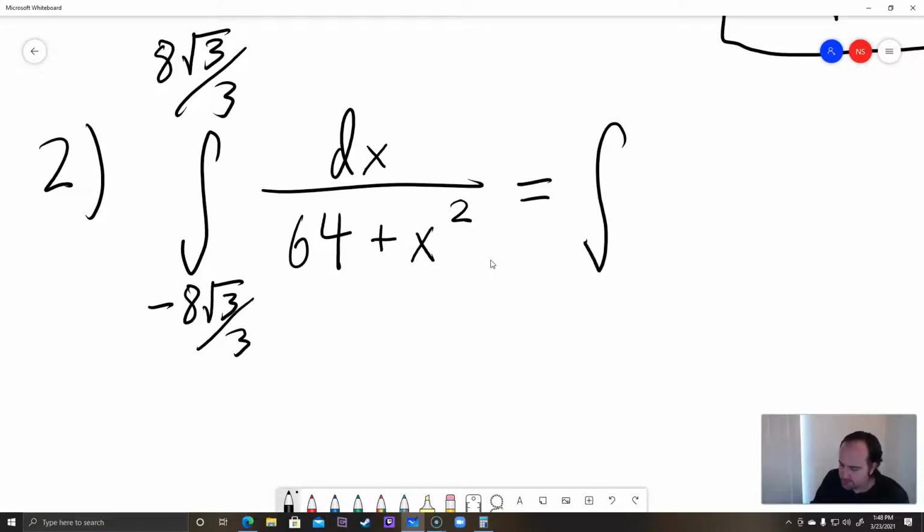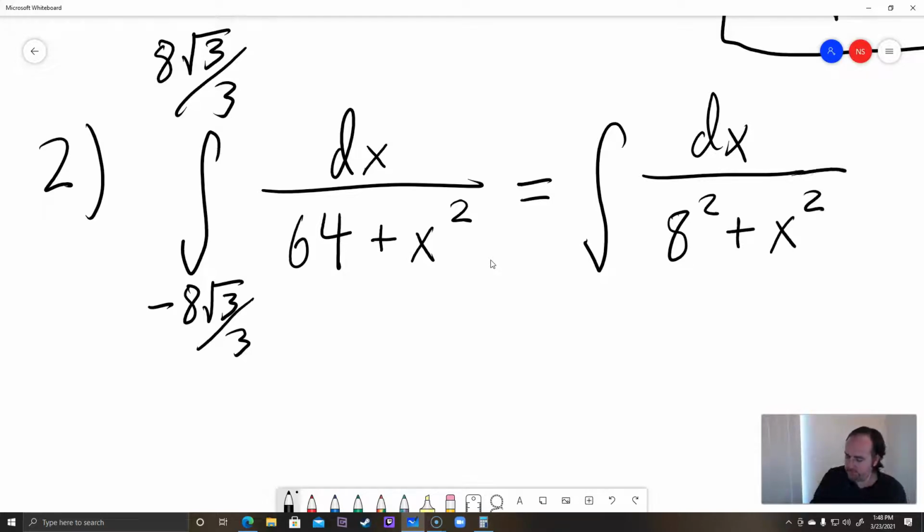So if I rewrite this as the integral of dx over 8 squared plus x squared, because we know 8 times 8 is 64. Then here we can see that if we do the same substitution as last time, our a is going to be 8, and our u is going to be x once again. So a is 8, u is x.